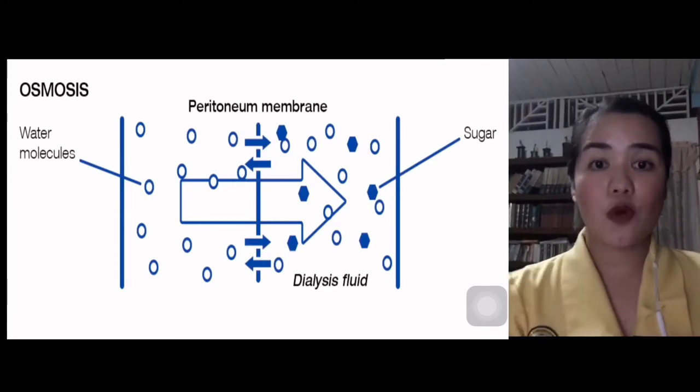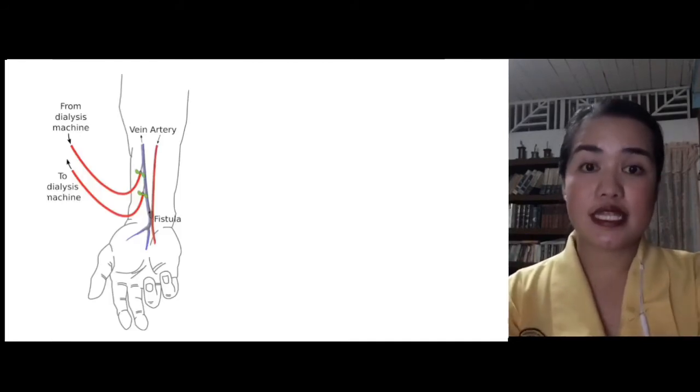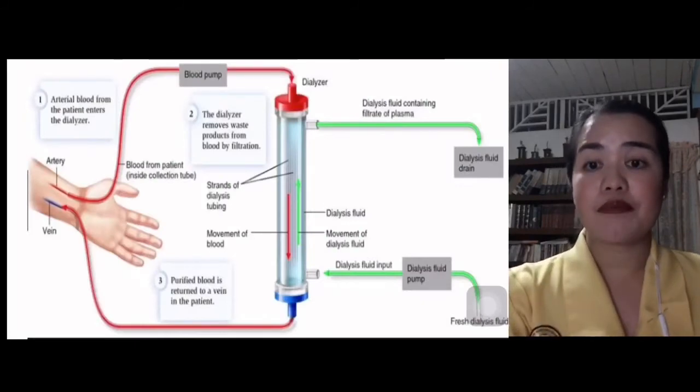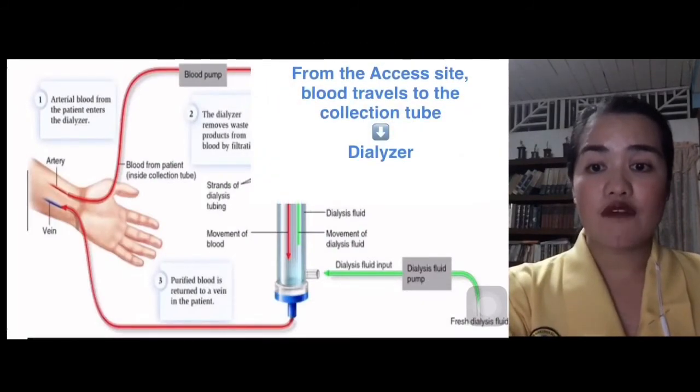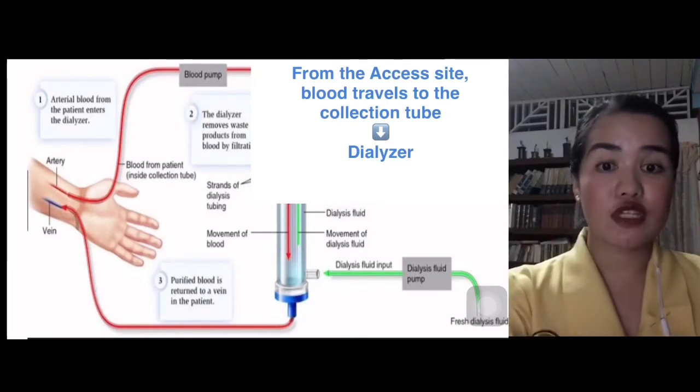So again, going back to hemodialysis, just a recap. First, we need to secure an access site, or in this case, this is AV fistula. So it needs to heal first, and before cannulation, there needs to be a thrill, and then arterial blood will now travel from the patient to the collection tube by the use of the blood pump that pushes blood into the dialyzer.